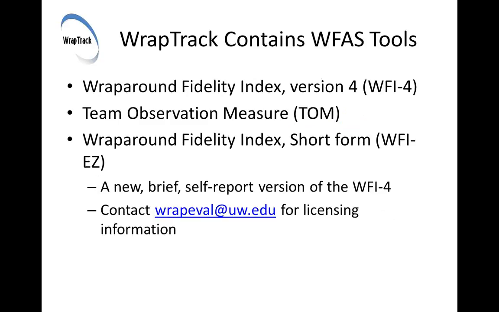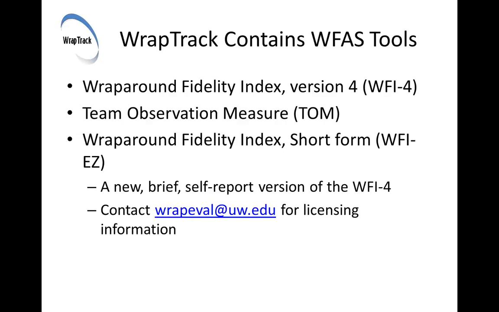Okay, so WrapTrack certainly contains our Wi-Fi 4 fidelity index tool and our team observation measure, TOM, but we also have a new form, which is essentially a short form of the Wi-Fi, and we call it the Wi-Fi EZ. The difference is it's fewer items, and it's a self-report version of the Wi-Fi 4.